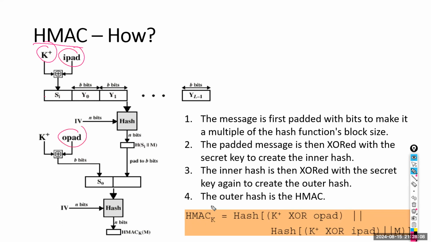So in HMAC calculations, first we generate this. We have the message. We then XOR the key with ipad. That is, key XOR ipad. You get some sort of a string, and that is concatenated with your text.